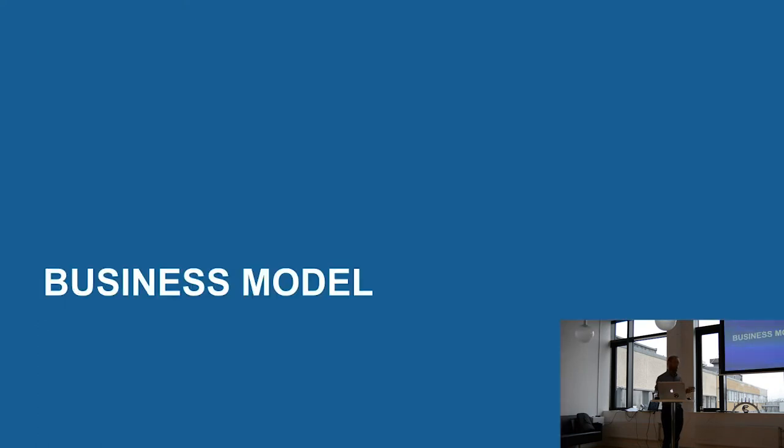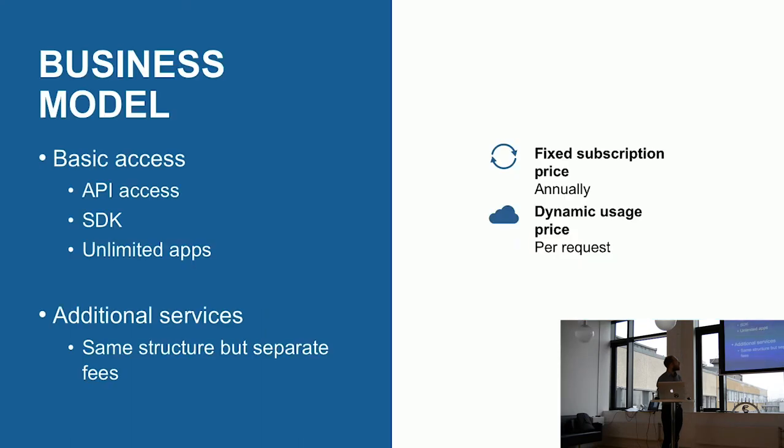So I want to talk a little bit about the business model, because it's good to know, but maybe you guys don't think it's so interesting. But it's important to know. So our business model is that we have two parts. We have a fixed price part and we have a dynamic part, and you have to pay for both. We have the fixed subscription, which you pay annually to get access to the API.